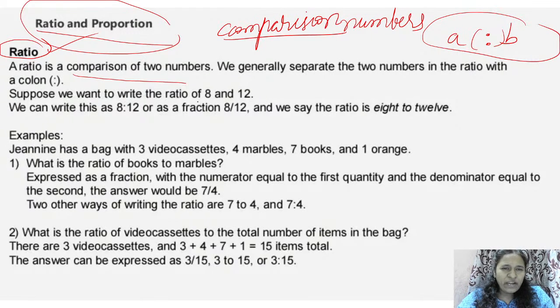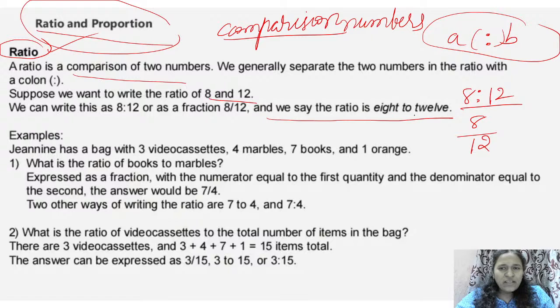Suppose we want to write the ratio of 8 and 12. We can write it as 8 divided by 12, and we say the ratio is 8 to 12. This is the representation of the ratio of numbers.